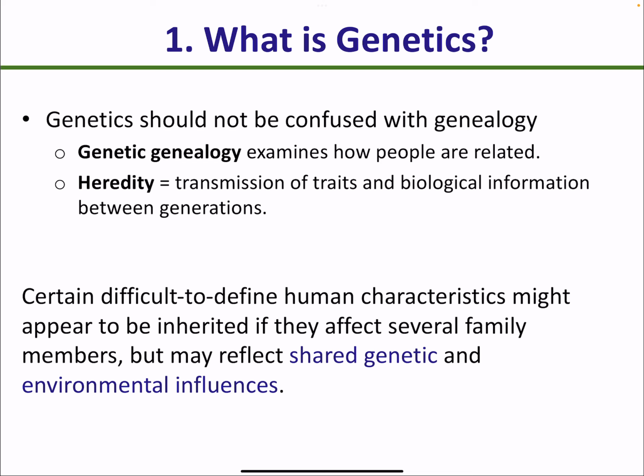Another aspect that is very important to keep in mind as we address genetics is heredity. Heredity is the transmission of traits and biological information from one generation to another generation, right? From parents to offspring.